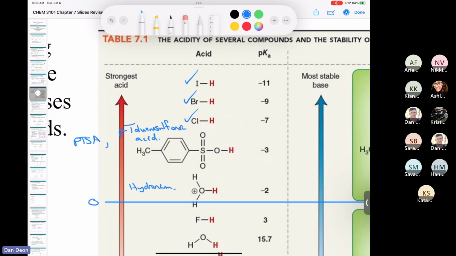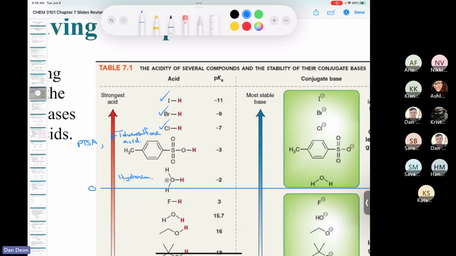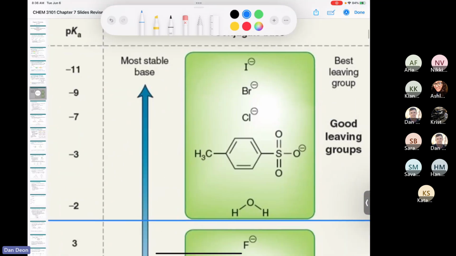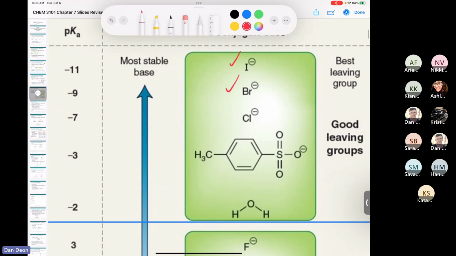If you have any acid that has a pKa of less than 0, the conjugate base will be a good leaving group is what I'm trying to spit out of my mouth here. So you see that these are all the good leaving groups. Iodide's a good leaving group. Bromide, chloride, the conjugate base of para-toluene sulfonic acid.